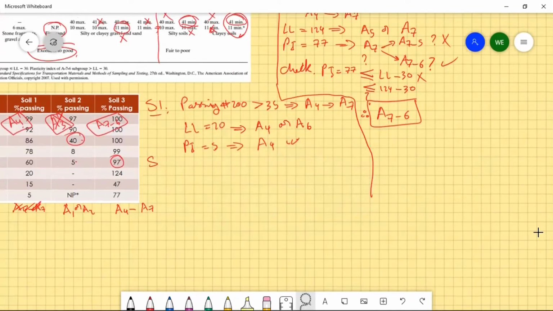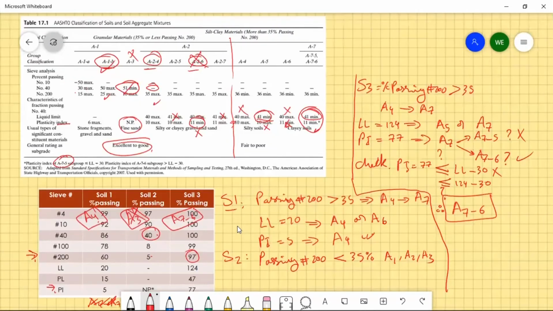So for S2, the passing percentage from number 200 is less than 35%. So it's either A1, A2, or A3. Now we need to check and see where it is going to fit.